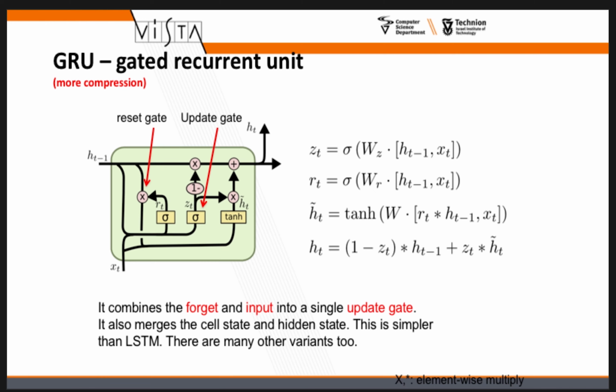Last year, one of the papers compared GRU and LSTM over a lot of tasks, and both of them work well. I can't tell you that one works better than the other in some tasks. So there is no clear advantage of either of them.